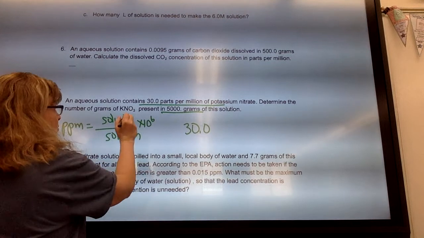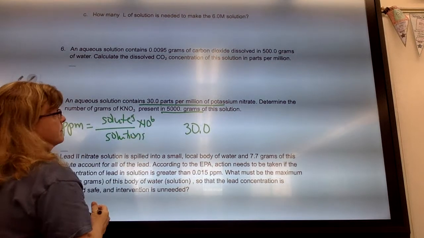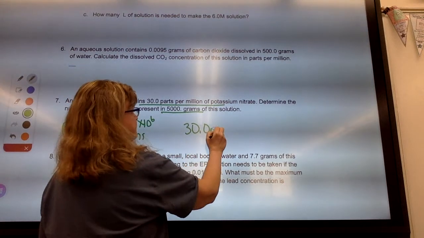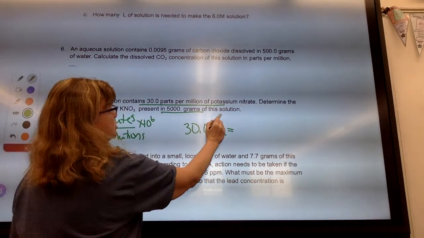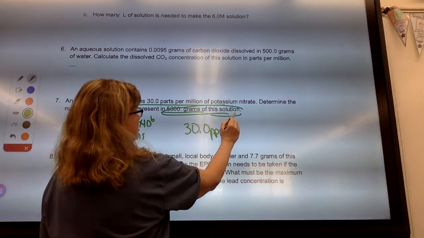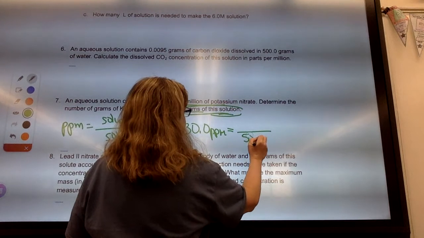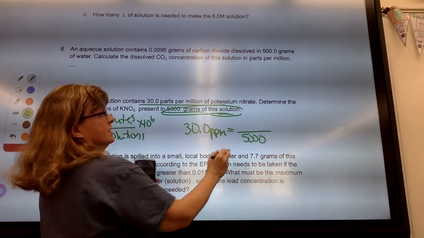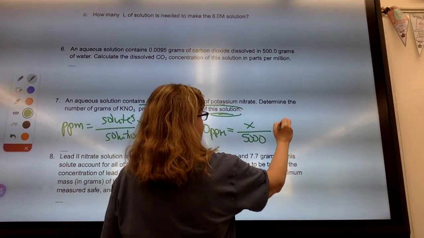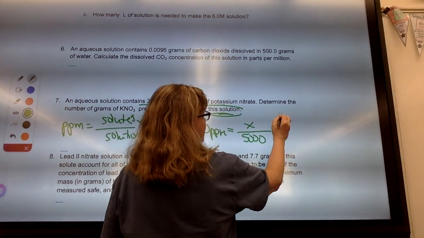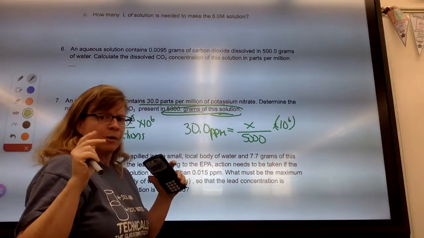No, solute's in grams, remember? Grams. Parts per million equals, and we know the solution. It says solution, so that goes on the bottom, 5,000. We don't know the solute, that's our x, but we do know it's going to be multiplied by 10 to the 6, or parentheses, however you want to do your multiplication.